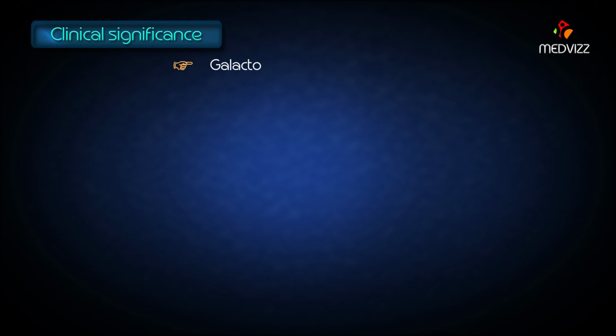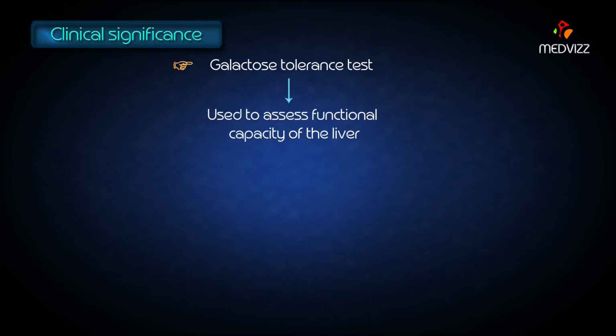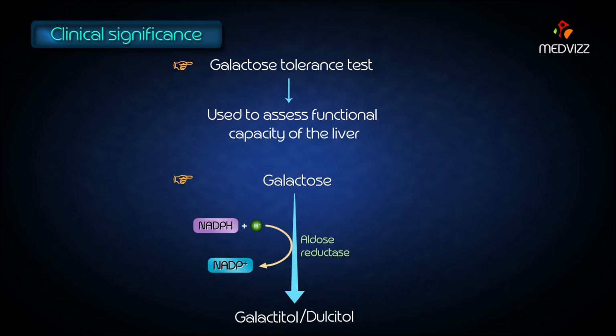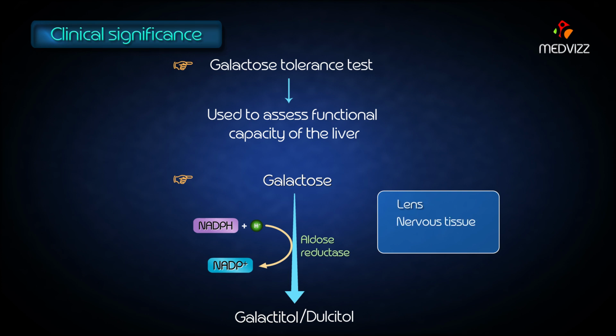Since galactose is almost entirely metabolized in the liver, the galactose tolerance test is done to assess the functional capacity of the liver. The enzyme aldose reductase, which is used for the production of galactitol, is present in the lens, nervous tissue, and seminal vesicles. So this is what you need to know about galactose metabolism.